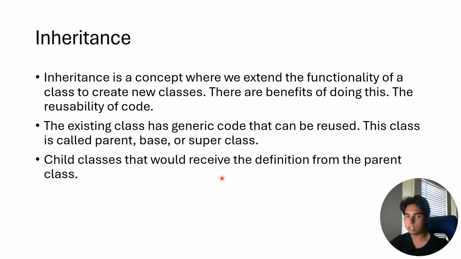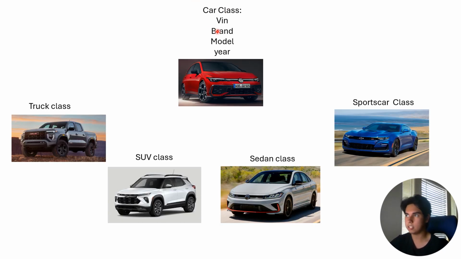So whenever you have a class, like in this case is Car, you see how you have brand, model. You can create child classes. In this case, I did car because I like cars. So I took this image just to follow up, right? But you have this information here.